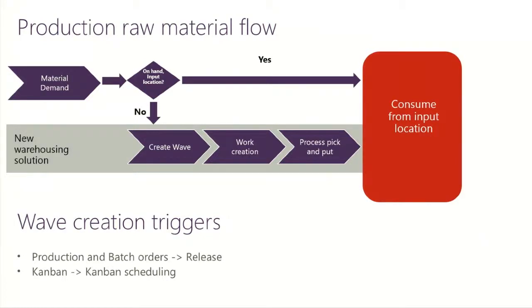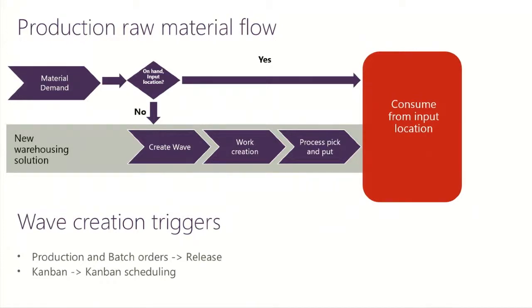So after the work creation and release to the warehouse floor, the release step is basically giving the ability for the warehouse worker or picker to scan the IDs of the work and start moving the pallets that I'm explaining to the input location. And that will happen in the next step.